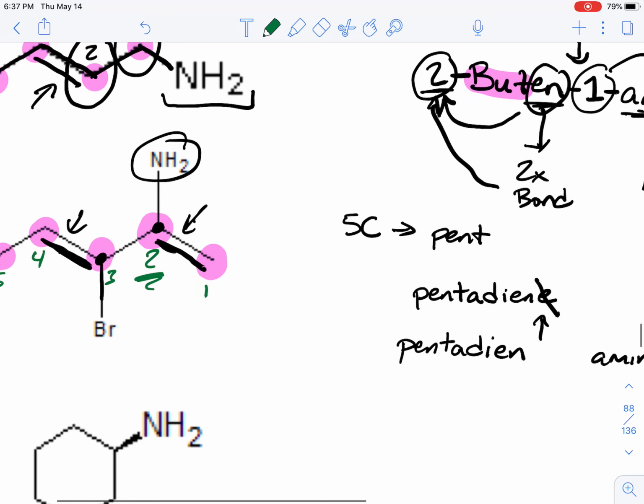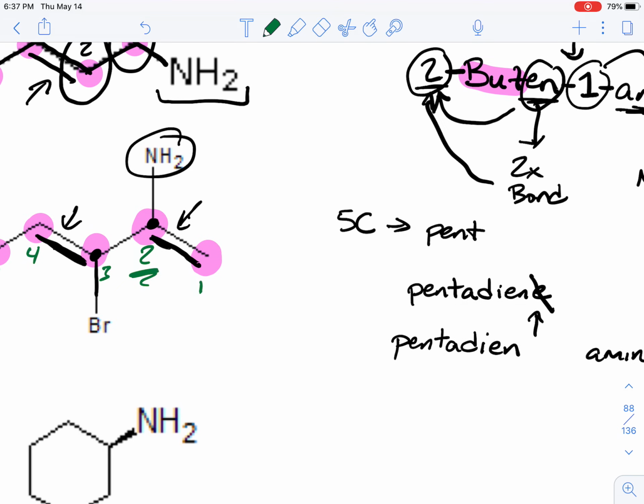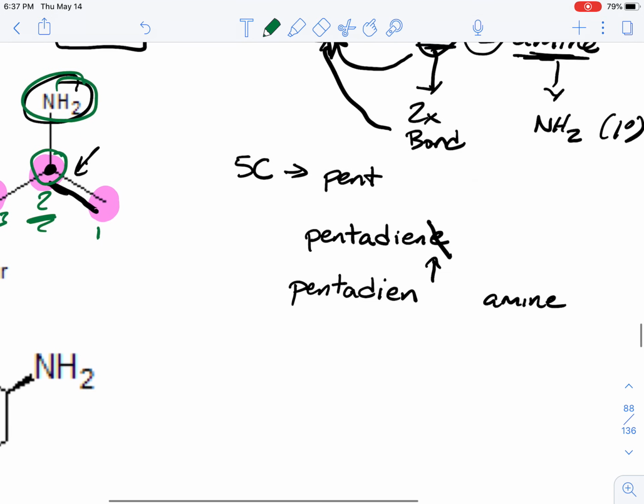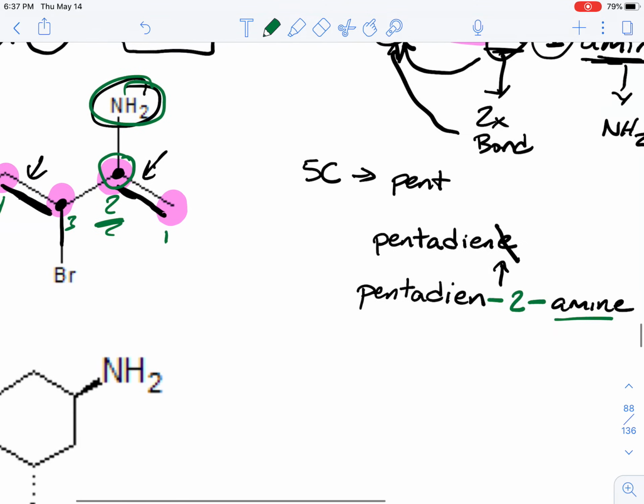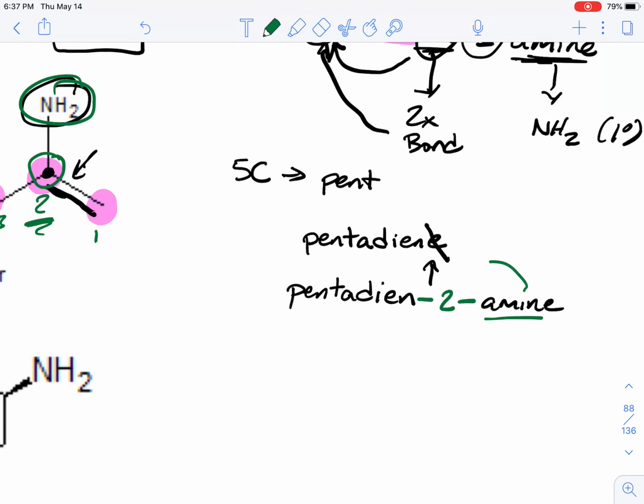And so this is going to tell me that I have an amine on the second carbon. And so where the amine is located, directly right before it, I'm going to put the number 2. So this is going to be -2-amine. So that's telling me that on carbon number 2, I'm going to have an amine.